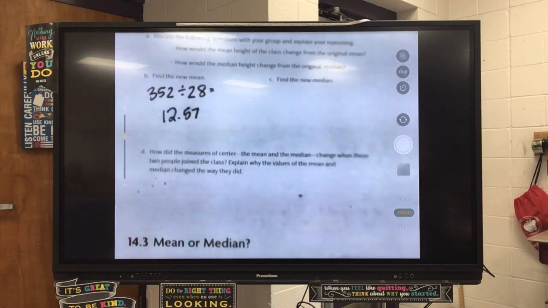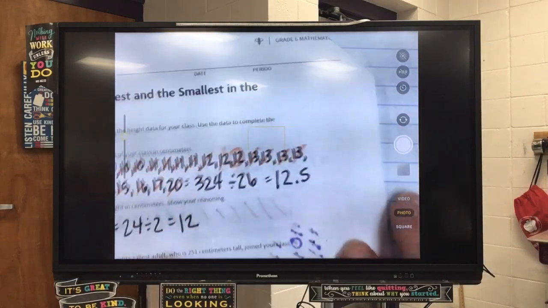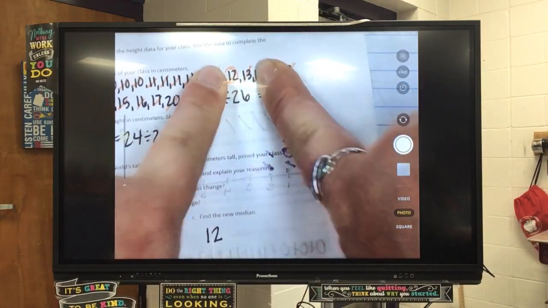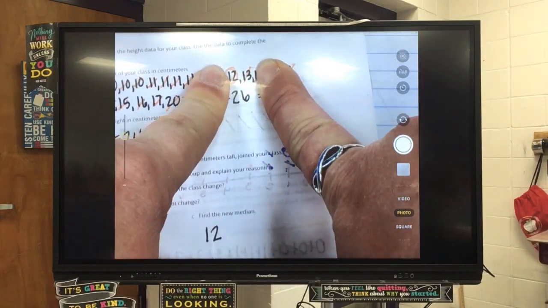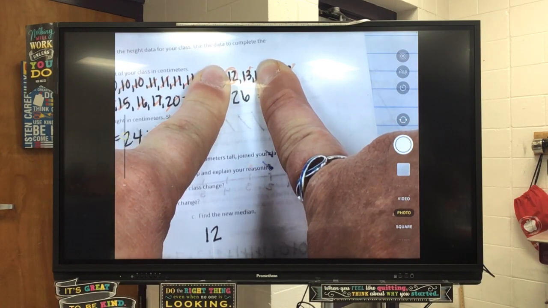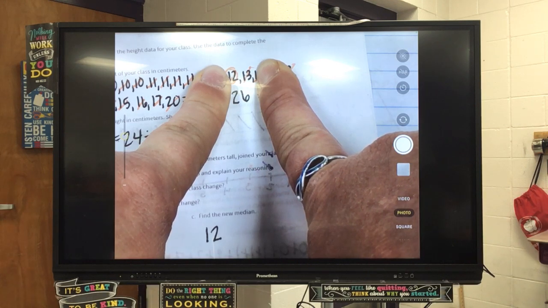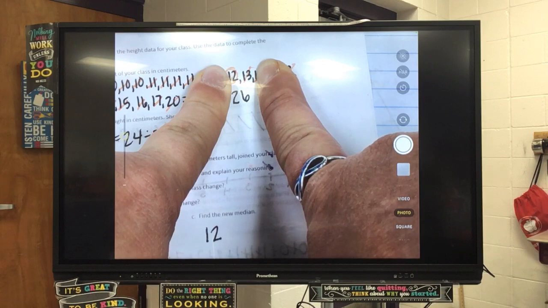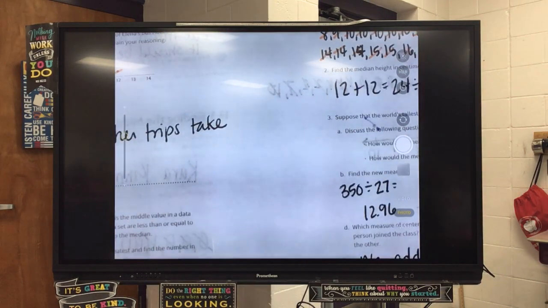All right, did your median change? Your median should still be what? Should still be 12, because if you slide over, technically it'd be what? What's 12 plus 13? You're saying no? Why? Because if you add 26 here and 2 here, that's still basically just 2 more numbers added. It wouldn't be 12 or 13, it'd still be 12 and 12.